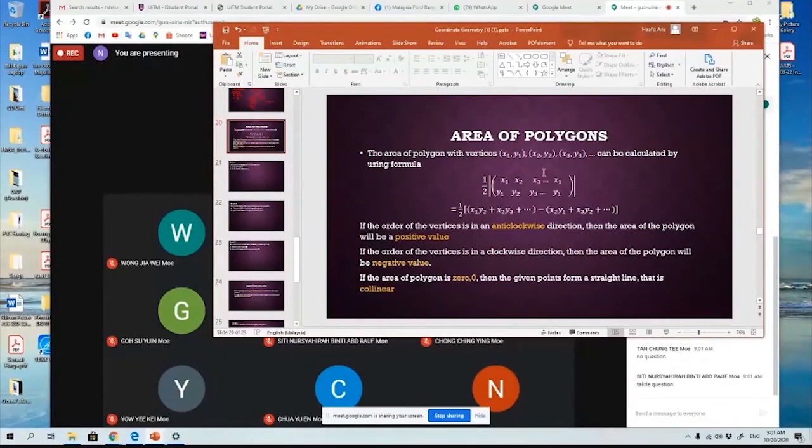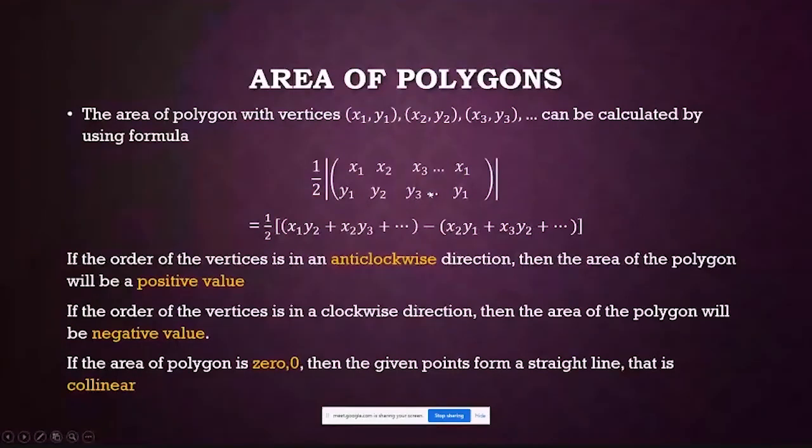Okay, I proceed to the area of polygons. For the area of a polygon, (x1, y1) is the coordinates of the first point, the second point is (x2, y2), the third point is (x3, y3), and it continues. It can be more than 3 points, 4 points, 5 points.